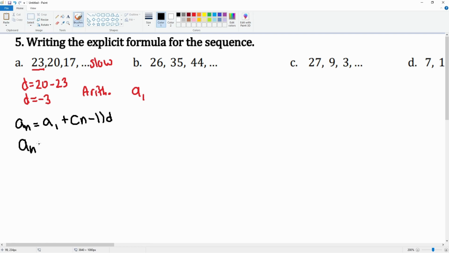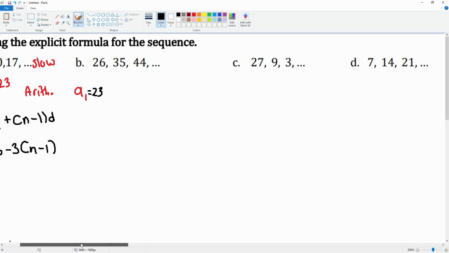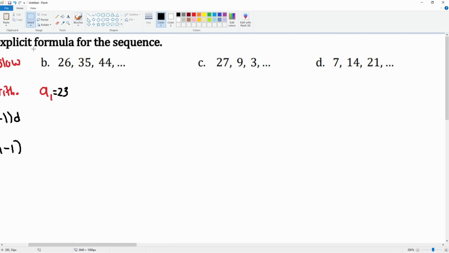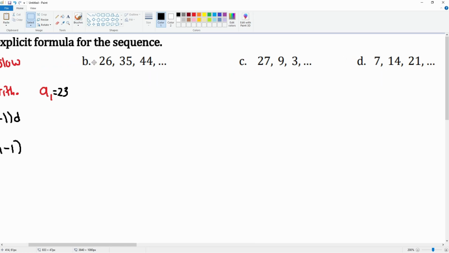An is equal to a1, which is 23, plus, we want to write the common difference out in front, so it's -3, the common difference, parentheses n minus 1. You just bring the common difference in front, and then parentheses n minus 1. Nothing happens to that n minus 1. Let's leave some more room so we can do B now.